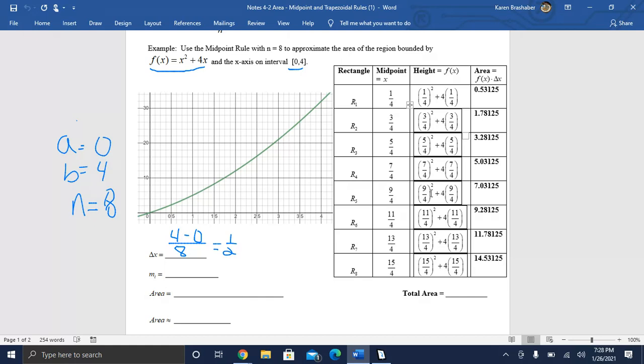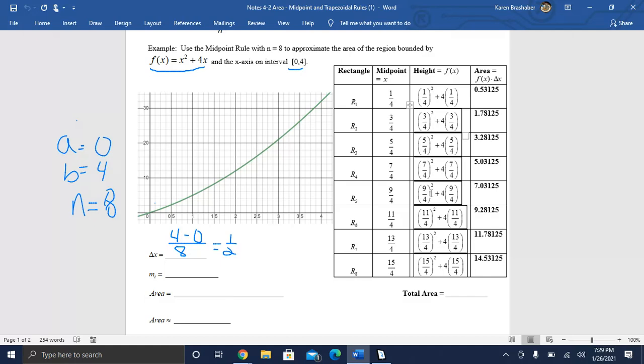I set up the graph to be printed for us so that the delta x is laid out for us as 1/2. So with left and right endpoint rectangles, we could just start drawing either from the right and down or from the left and down. But with midpoint rectangles, we need to find the point on the curve that is at the midpoint of the interval.